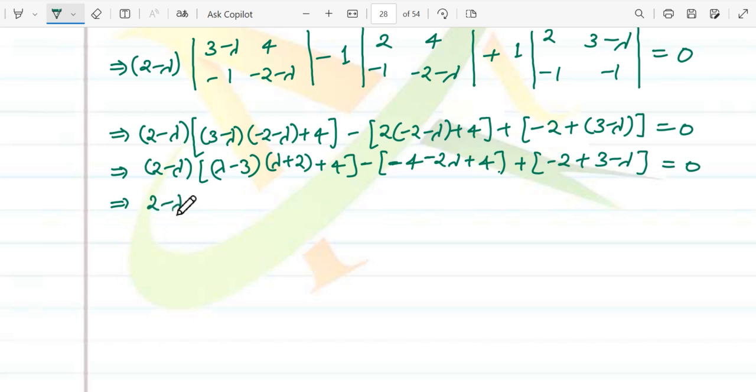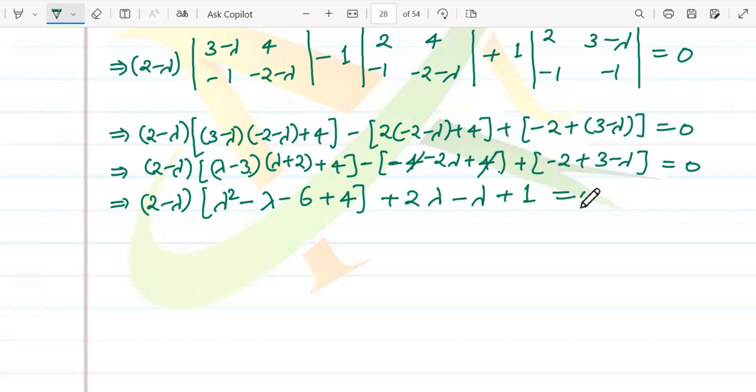This implies 2 minus lambda, that is lambda square minus 2 lambda minus lambda, that is minus lambda, and minus 6 plus 4, 4 is cancel out, that is plus 2 lambda minus lambda and plus 1 is equal to 0.